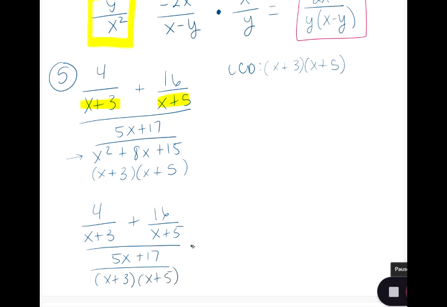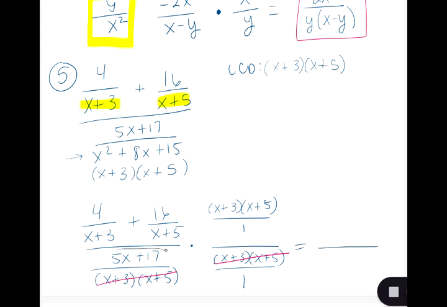And we multiply the top and the bottom by our LCD of all the fractions. And put it over 1, so we remember to multiply the numerators and not the denominators. Down here we're going to look, and this one's going to cancel right off the bat. So that makes our life a little bit easier. The denominator's only going to be what's left here, 5x plus 17.